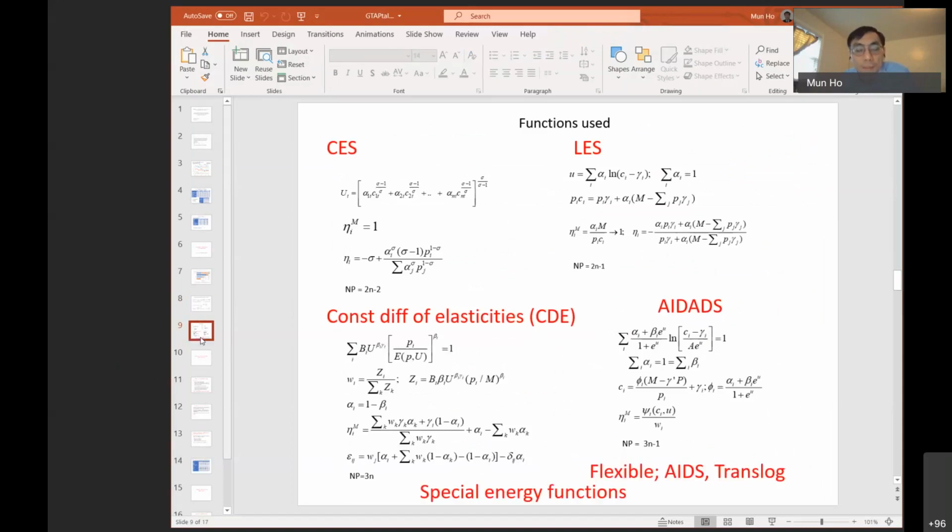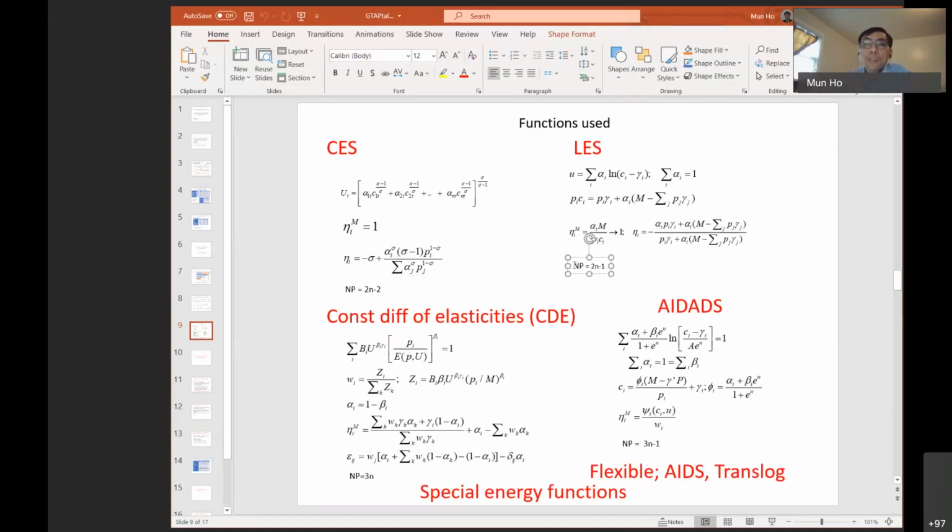In the supplementary appendix, we summarize for convenient reference the common functional forms. Here I give a few: the CES, LES, CDE, and IDEX. We write down explicitly the income and price elasticity formulas, so you can compare the complexities of the different formulas.